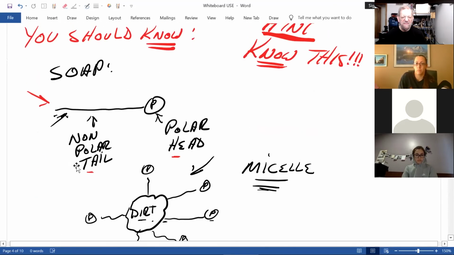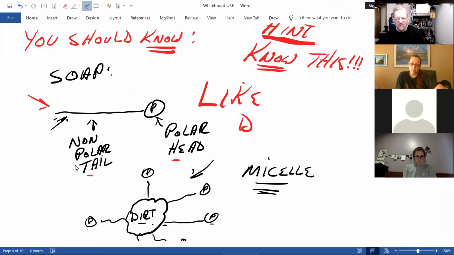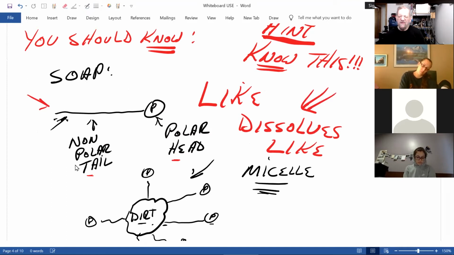In the big picture, the most important thing in how soap works is like dissolves like. This is the key to the puzzle. If we were in a classroom at ECC, I'd be writing this on a board, and each letter would be at least a foot high, because this is how important it is.